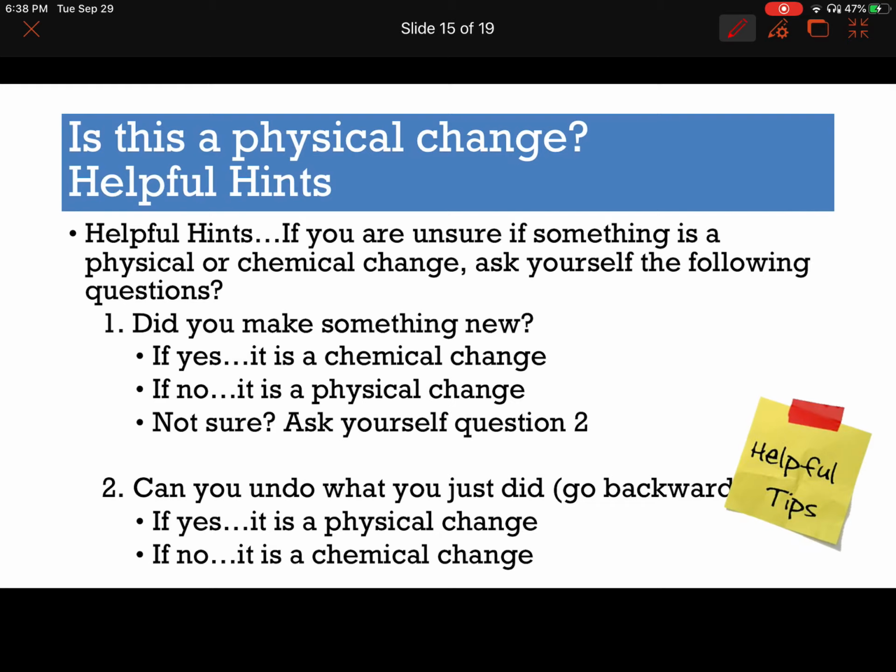If the answer is yes, it's a physical change. But if I'm making pancakes and I take that batter and now it's the pancakey form, did I make something new? I'm not sure. So then you ask yourself, can you undo it? Can you uncook a pancake? The answer is no, so that would be a chemical change. So this is a super helpful slide for those of you who need that extra hint.